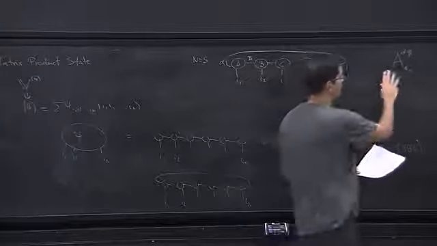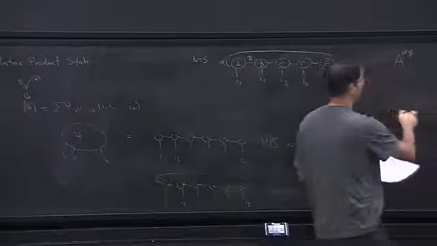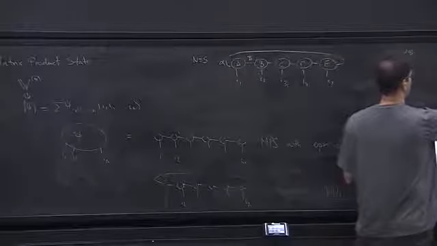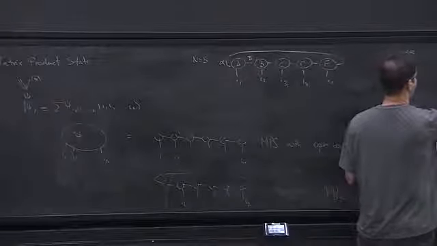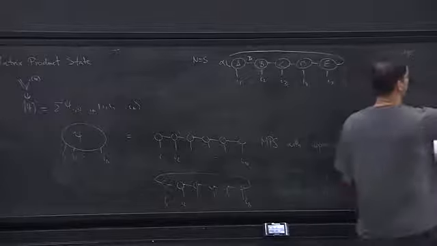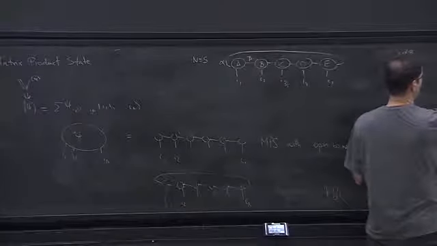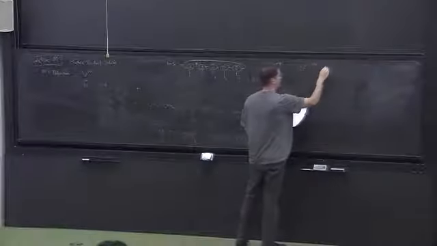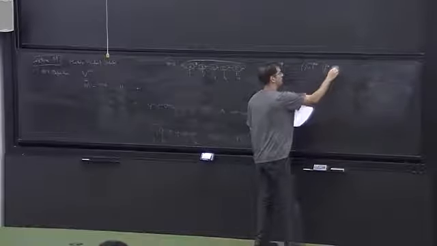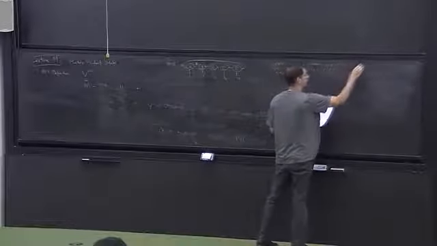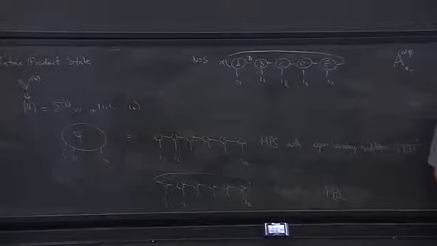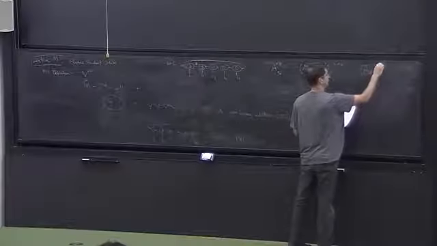And so we can think of this tensor as a collection of matrices. We can think of this tensor as some matrix with indices alpha, beta, A1. So the name of the matrix is A1. And then we have another matrix A2. And then finally we have matrix AD.